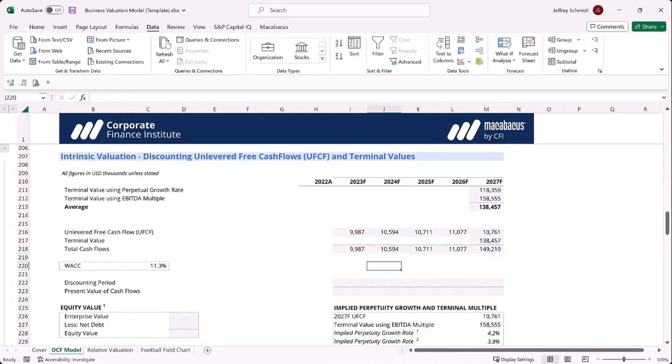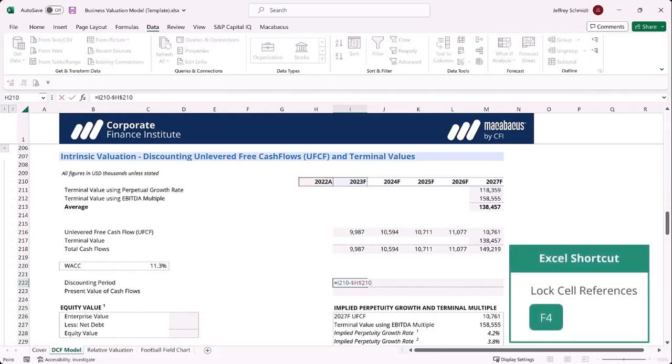Okay. Now, our discounting period, again, as mentioned, for this analysis, we're going to assume that the cash flows all end at the end of the year. Okay, and we can do some Excel trickeration here. We can take the year 2023 minus 2022.